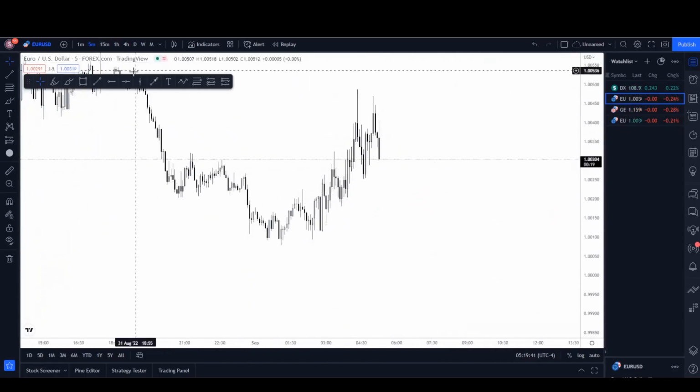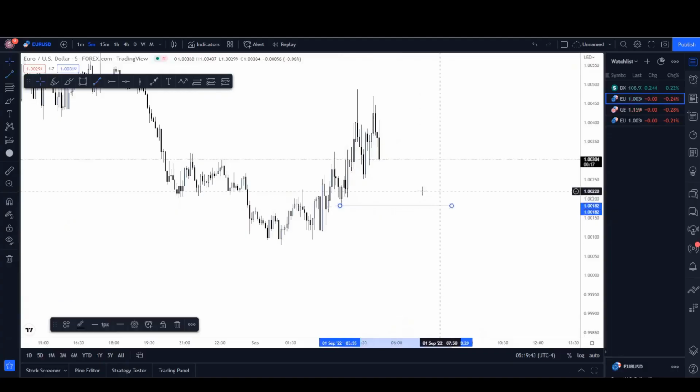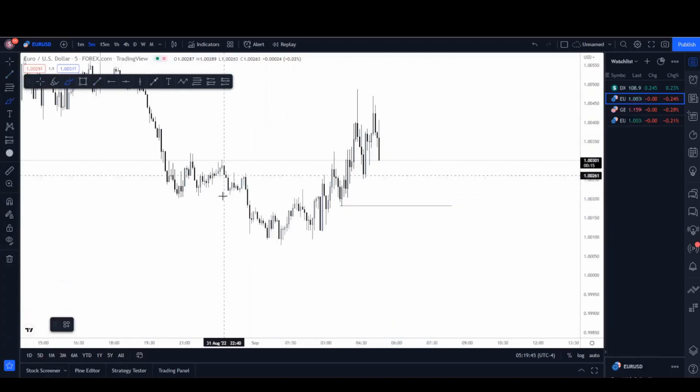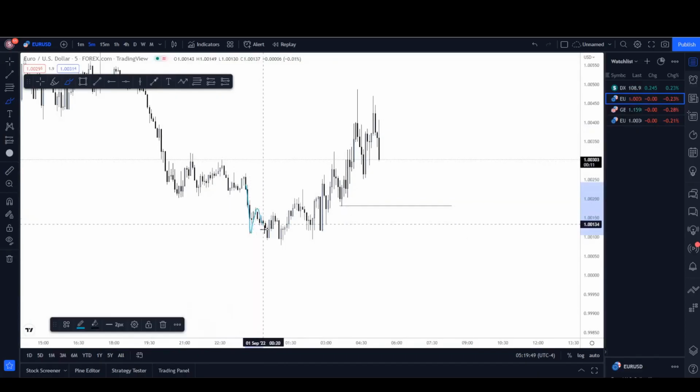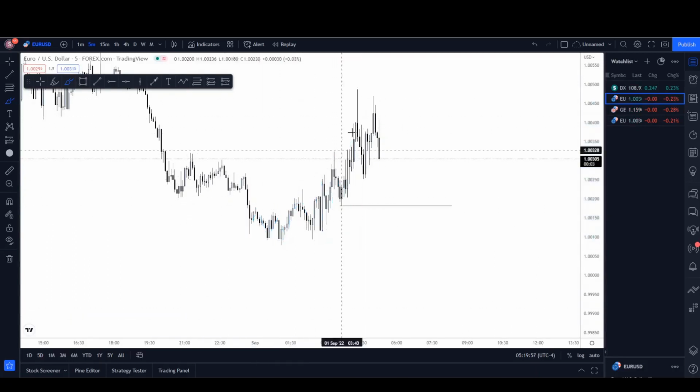So right now my M5 structure is here. By the way, structure points need to be clear and obvious. So lower low, lower high, lower low, lower high, lower low, break structure, higher low, higher high, higher low, higher high, higher low, higher high.